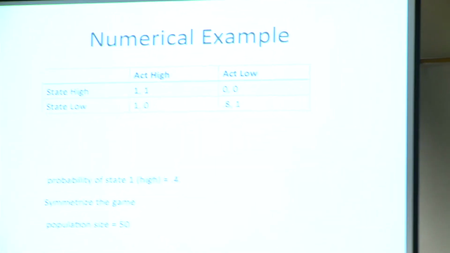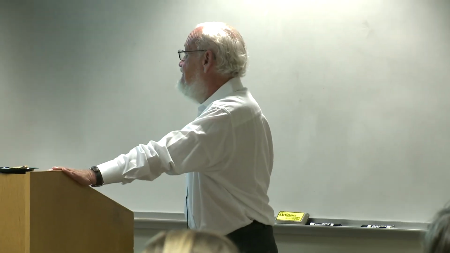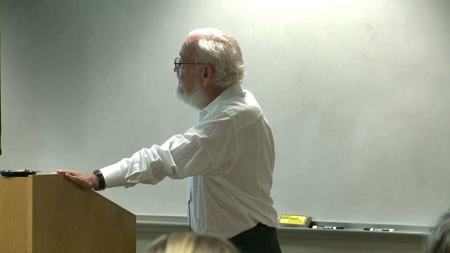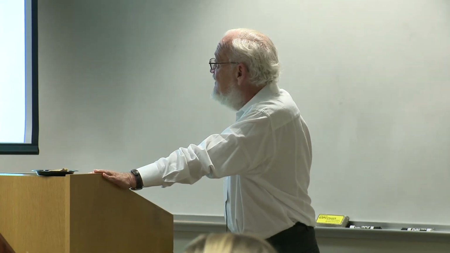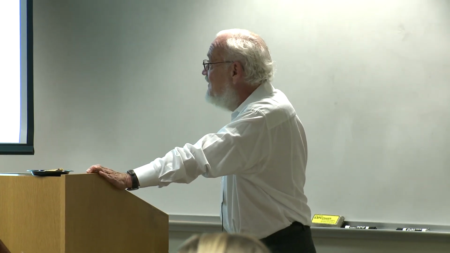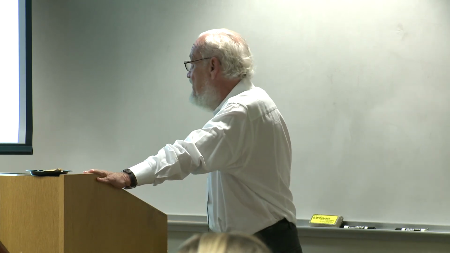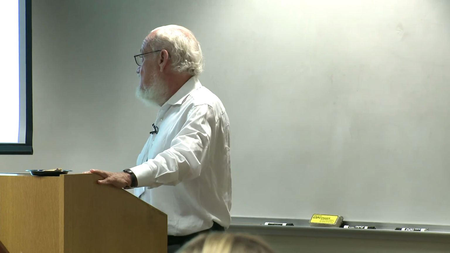So here's a particular example that we'll use, this numerical example with these payoffs. It's still true that the only equilibrium is no information transfer. We have to specify the probability of the high state. We'll make it 0.4 just for a numerical example.